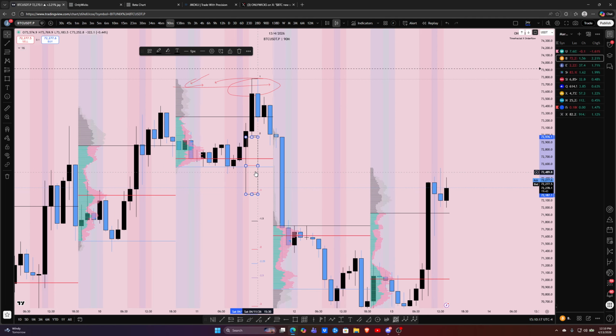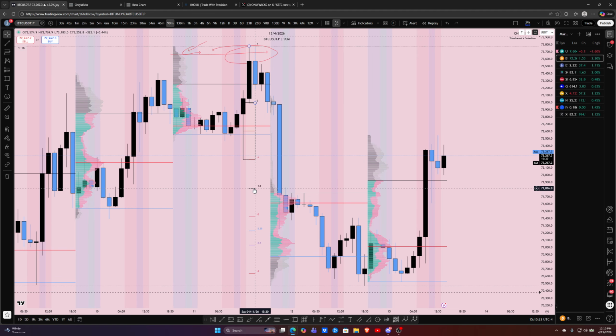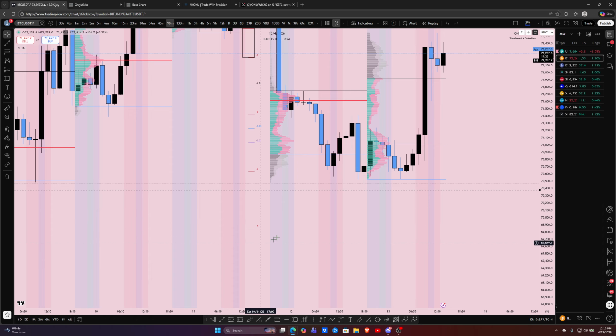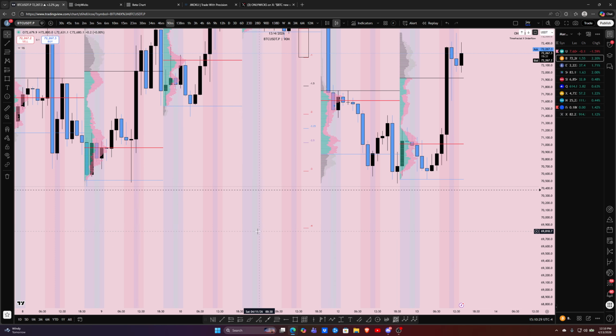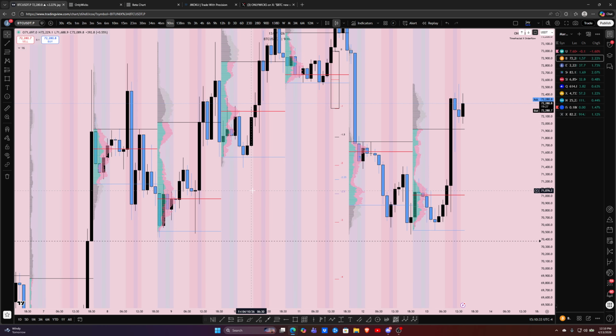You have your -1, -1.5, -2, -2.25, -2.5, -3, and then -4, which is your extreme liquidation. If price reaches -4 and there's a huge reaction and absorption, that is the best time to look for mega reversals. The clearest sign you could have is a hit of -4, extreme deviation.